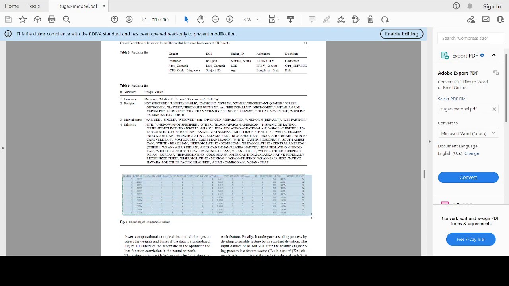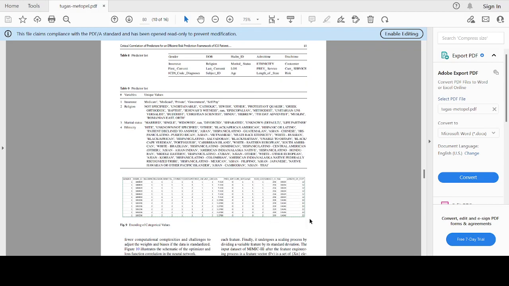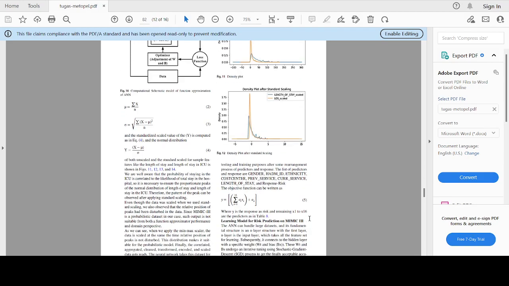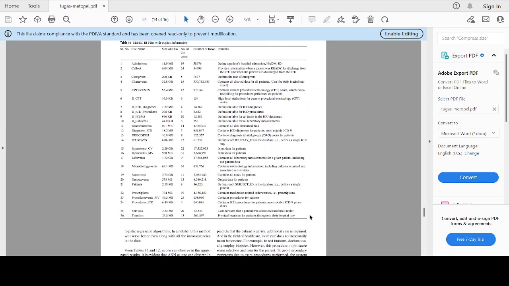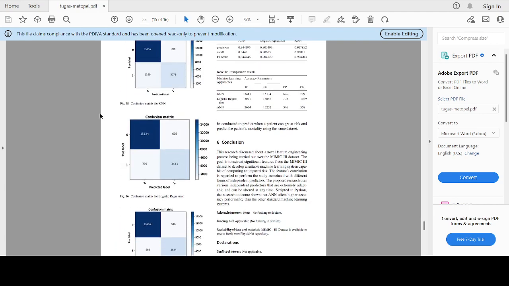I can take this reference to model if any future research, maybe not identical, but this can be a reference of the predictors, and this can also be a reference of the results.